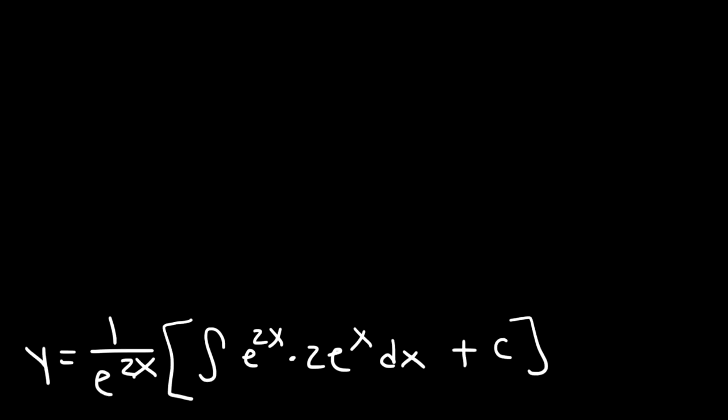Now let's simplify the expression that we have before we integrate it. So e to the 2x times e to the x, what is that equal to? We need to add 2x plus 1x, which is 3x.